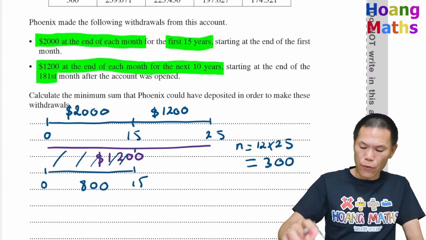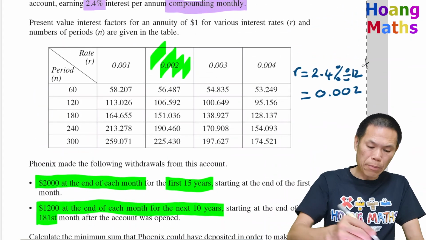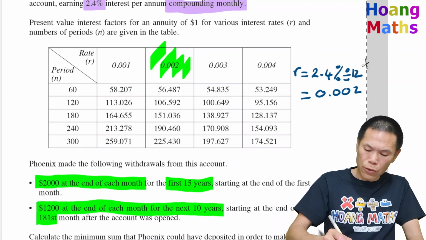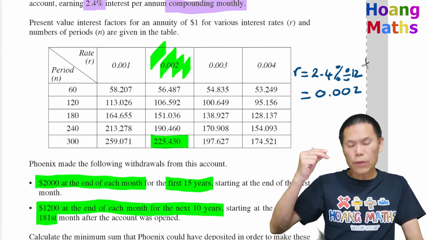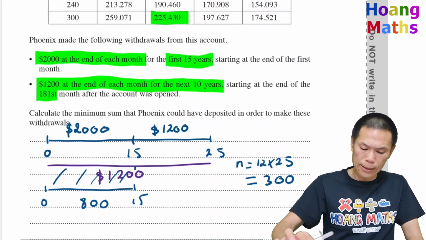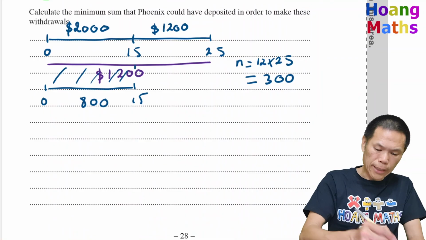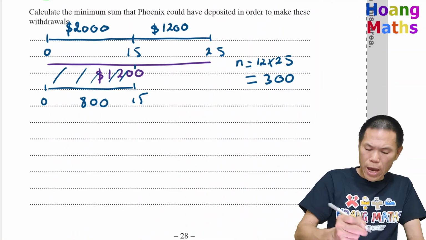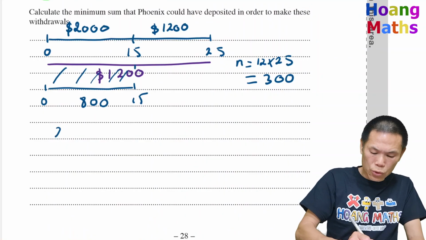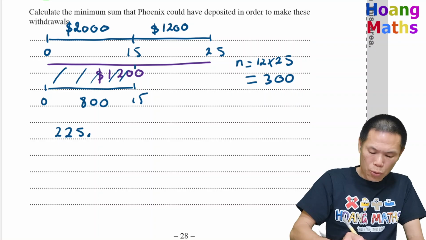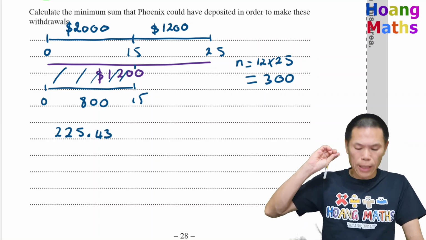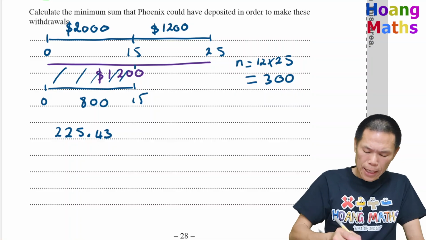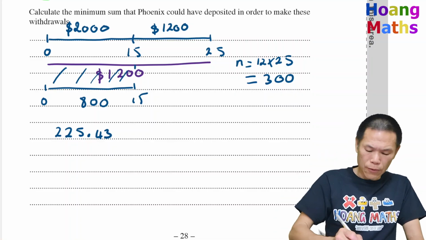So for 300, the present value for this annuity is $225.43. Let me write this down. That means for an annuity of a dollar, it is 225.43.